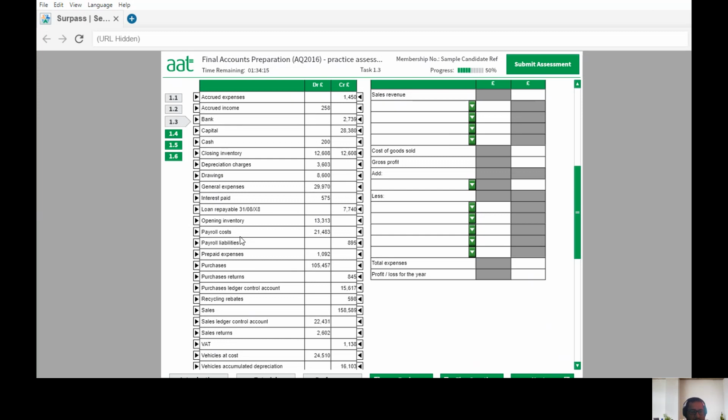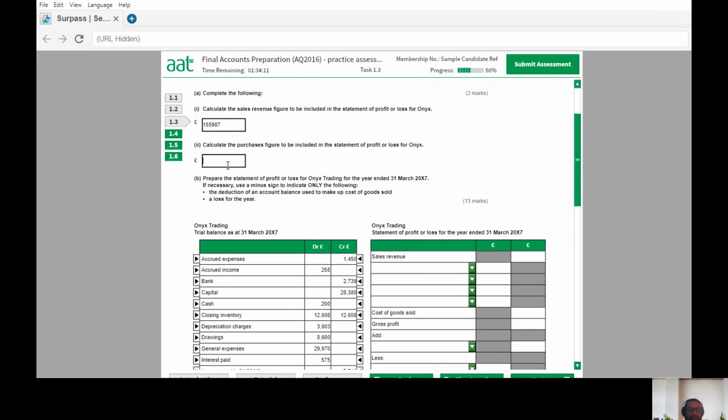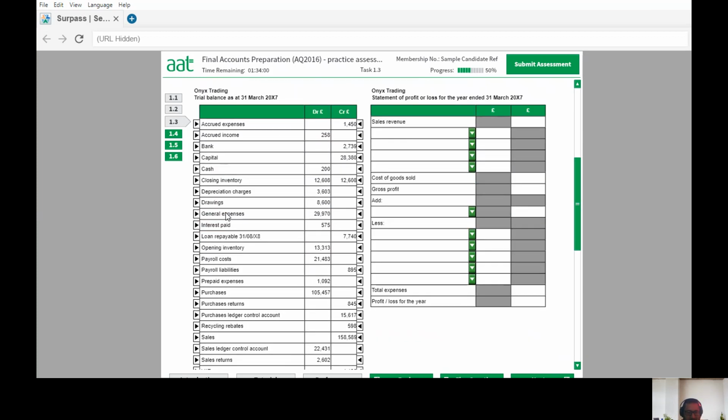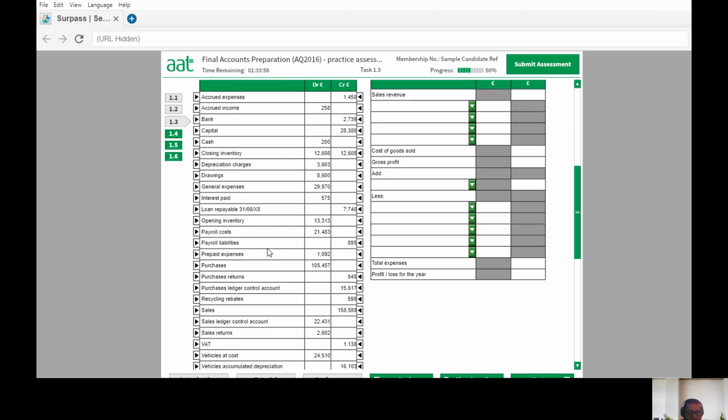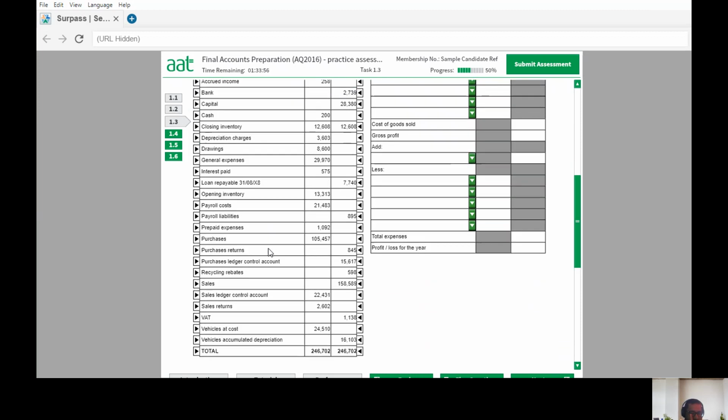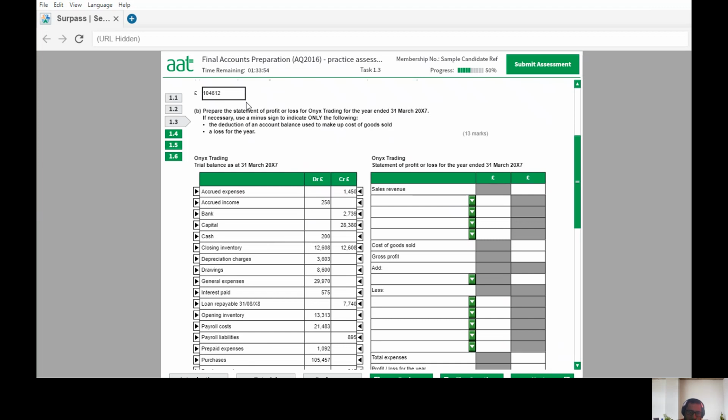I don't see anything of carriage inwards there, so that's fine. After we've done both of those calculations, 104,612 will be the answer. If there's any carriage inwards, we need to make sure we add them on. I don't see anything here. I'm re-checking again if there's anything we missed. No, it's not there.